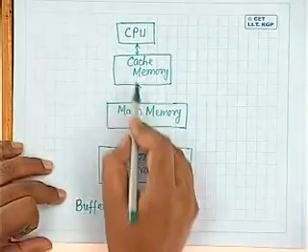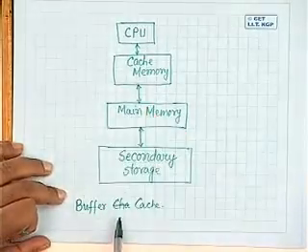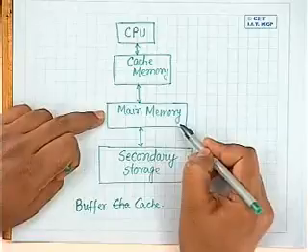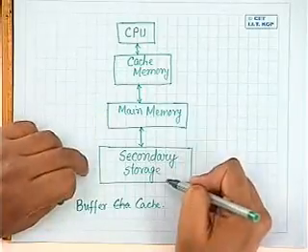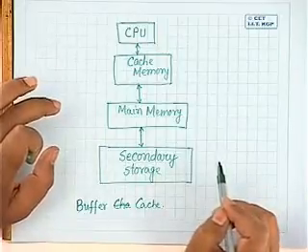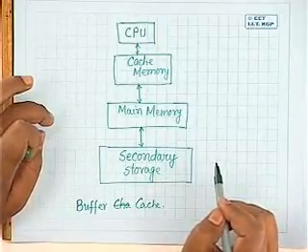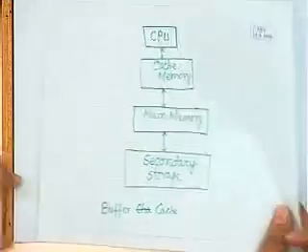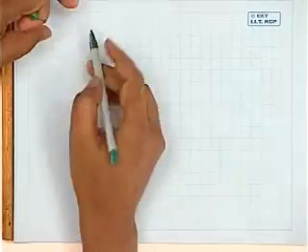Now this buffer cache is not the same as the cache memory. This buffer cache is a part of main memory which contains different blocks of data from the secondary storage. So logically I can put it like this. I have this main memory.